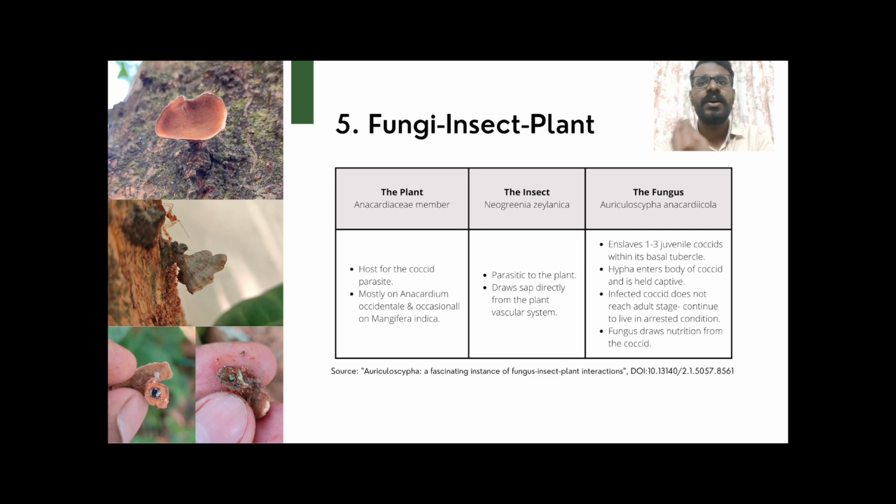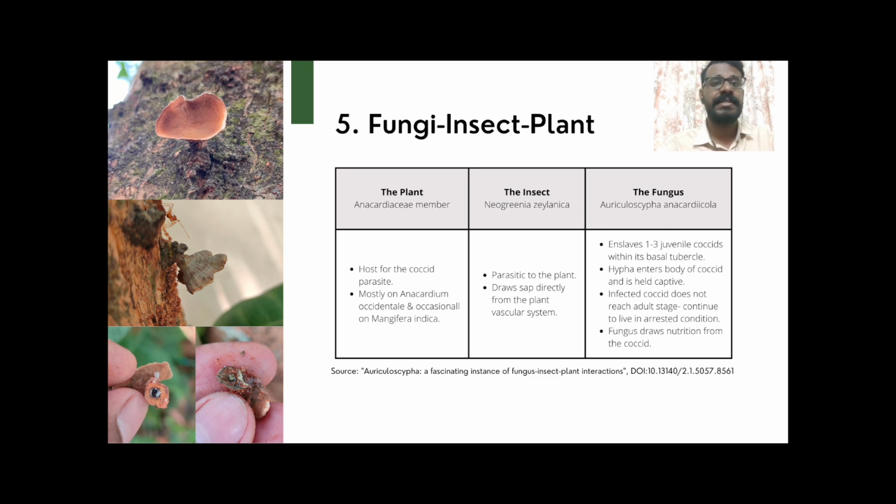What this coccid does is draw the sap from the plant directly from the vascular system. So they will drain the sap. That is the effect that the insect has on the host plant.